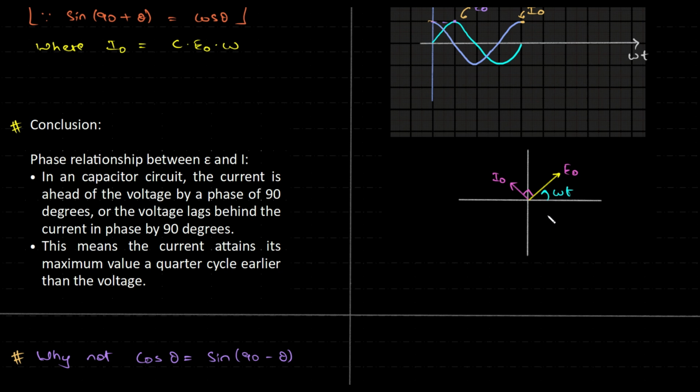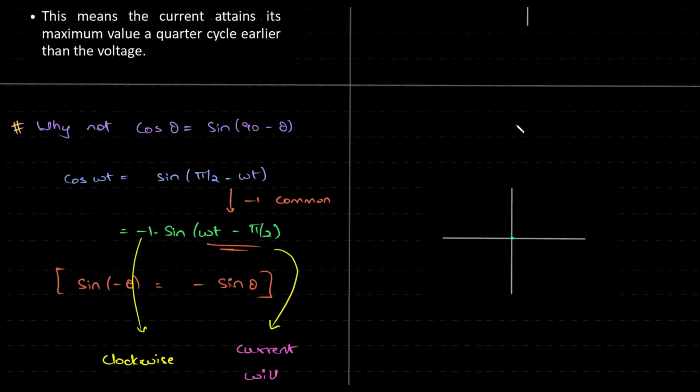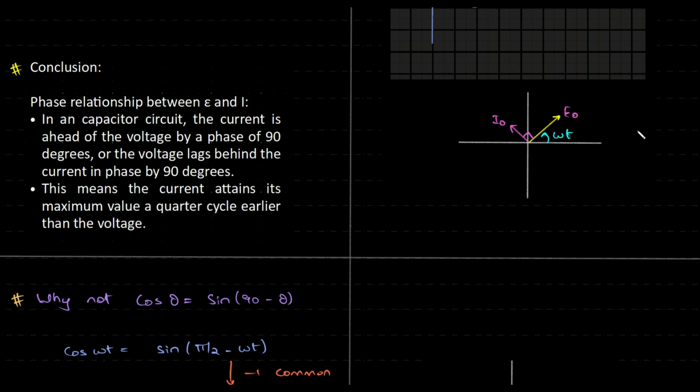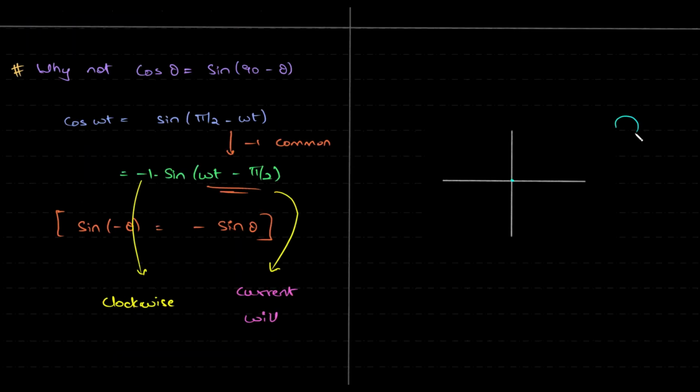Let me take a second and show it to you guys. Okay, let me show this. Herein we have your phasors going round in this way, that is clockwise. Herein it is going anti-clockwise. So if this is current as per this diagram or this equation, here the voltage will be behind the current by 90 degrees.